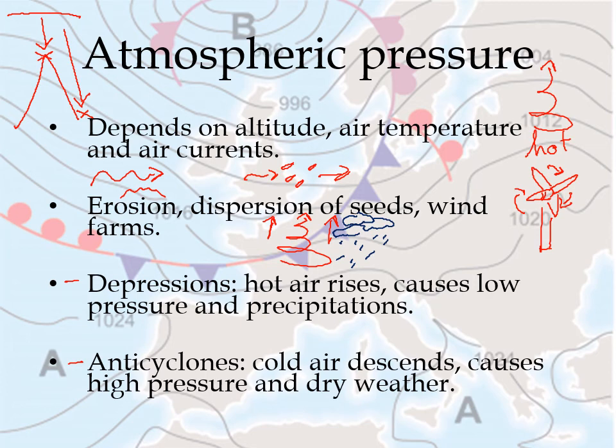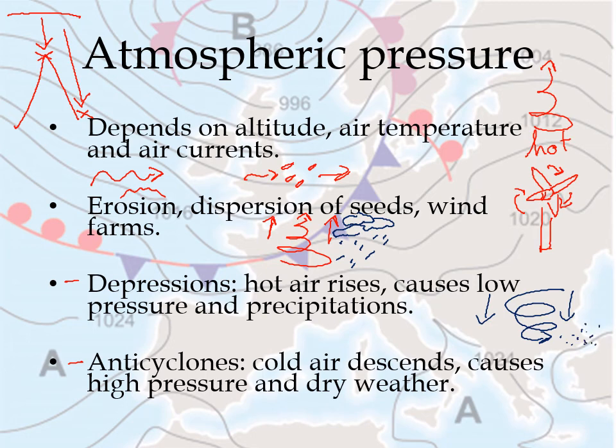On the other hand, we've got the anticyclones. The anticyclones are when the cold air goes down, it descends, and it causes high pressure and dry weather, because the water in the air doesn't create clouds.